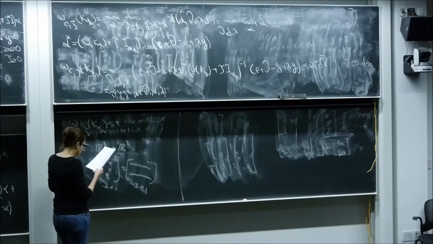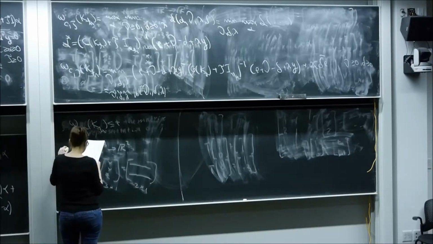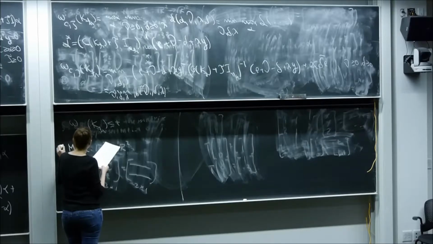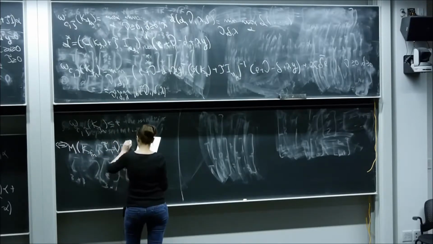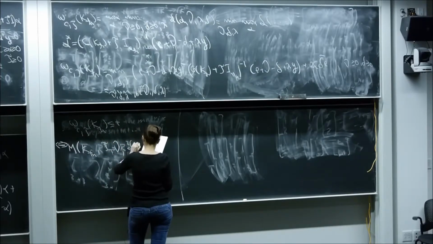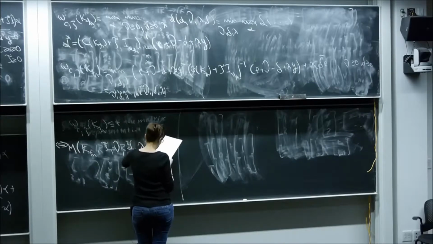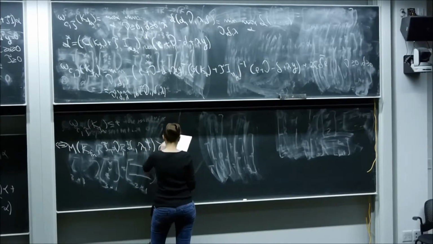This is equivalent to the following. We define a matrix M of K, trace, tau, with all of these variables we've introduced being positive semi-definite.